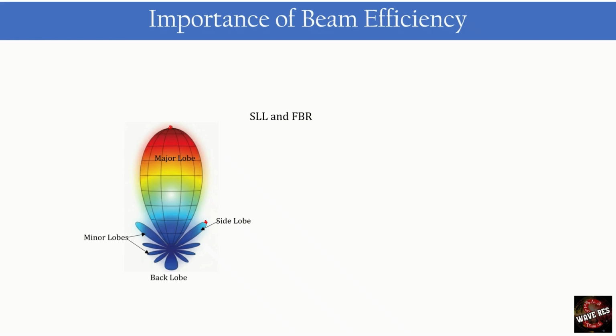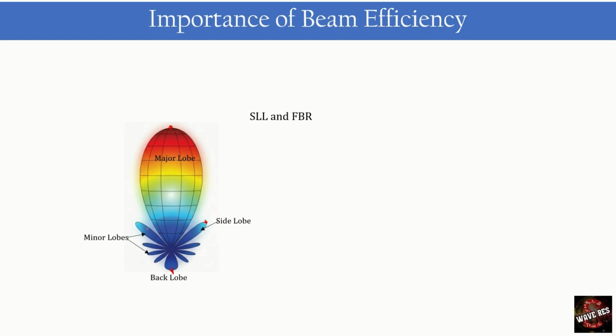We are considering only two points: the maximum power in the major lobe and the maximum power in the side lobe are considered to calculate the side lobe level. In the case of front to back ratio, similarly, the maximum power in the major lobe and the maximum power in the back lobe are considered to calculate the front to back ratio. So this means that we are considering only a single point power, the maximum power, to calculate these values.